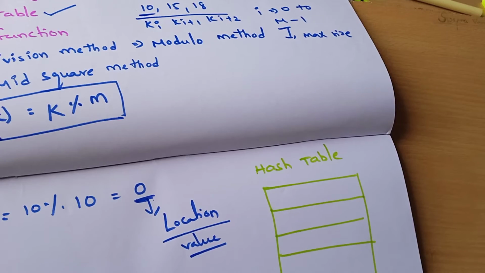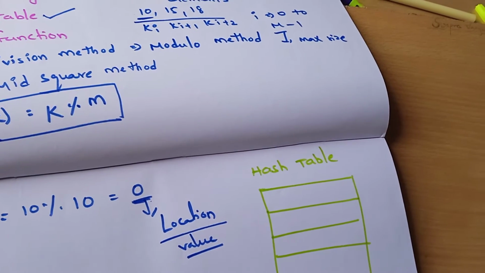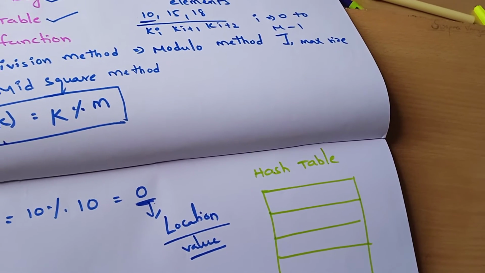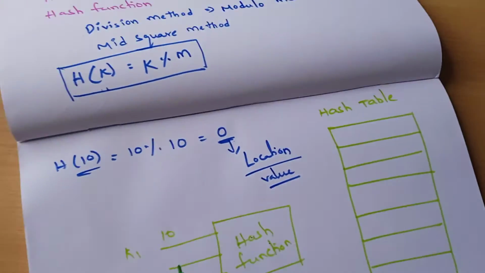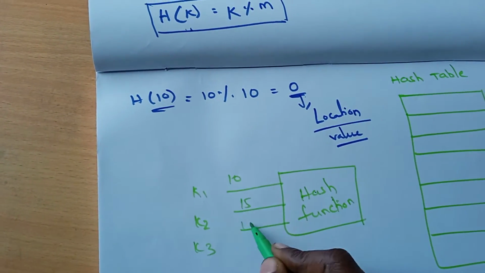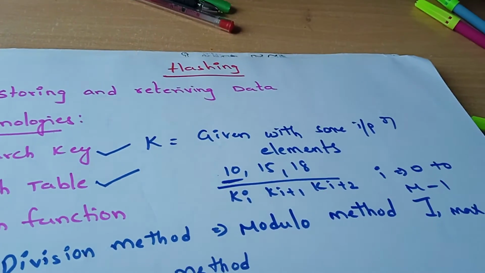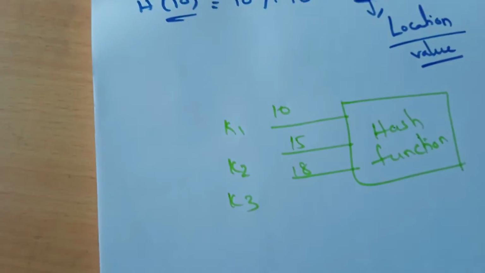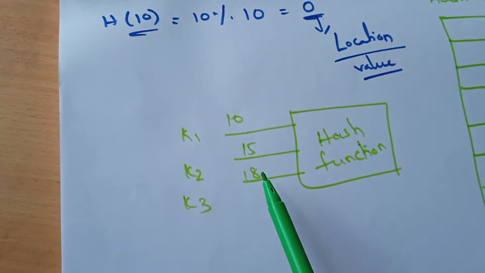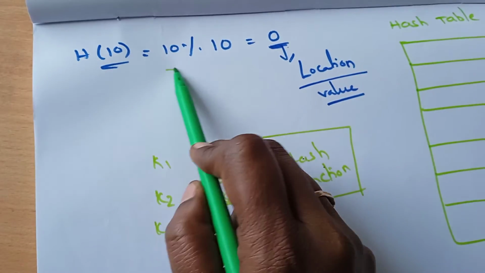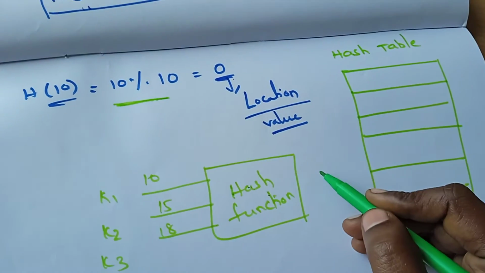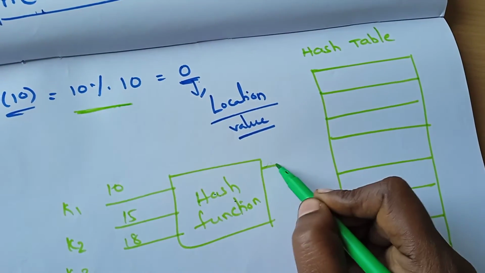The hash function inputs are three: K1 is 10, K2 is 15, and K3 is 18, taken from a simple example to understand the concept. These keys are given to the hash function to evaluate, and as far as 10 is concerned, we got the value 0.